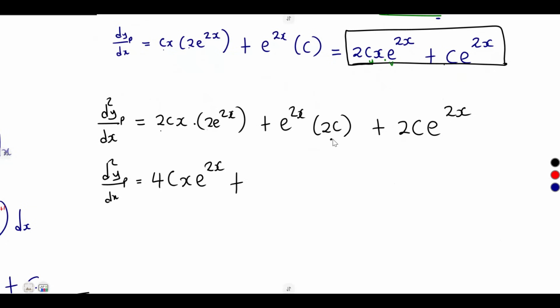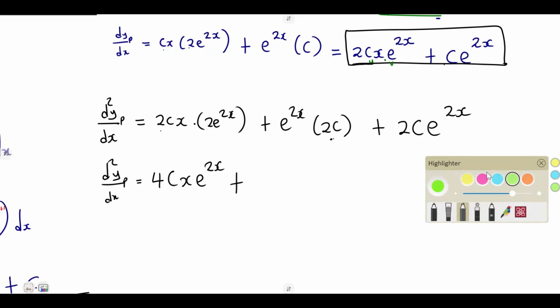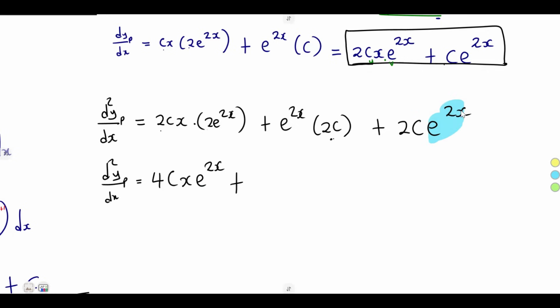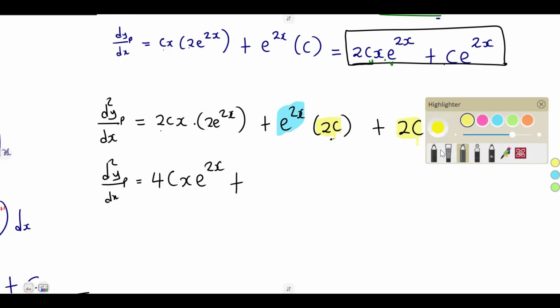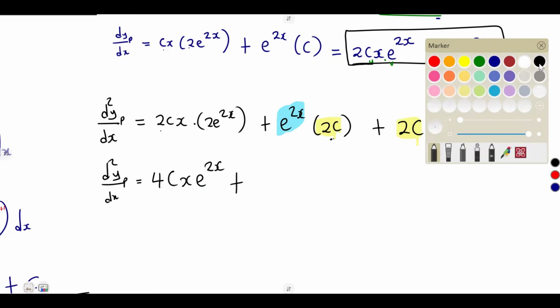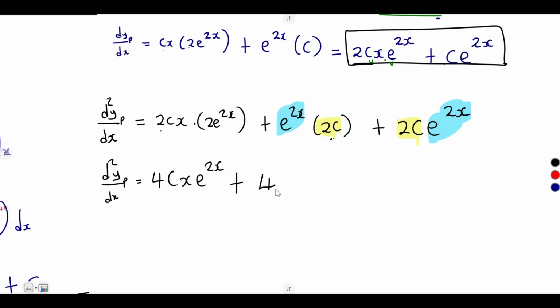These are actually the same: e to the exponent of 2x and e to the exponent of 2x. We can add the 2c and the 2c. So 2c plus 2c is going to give us what? 4c. So you can even combine that one. That's 4c e to the exponent of 2x.